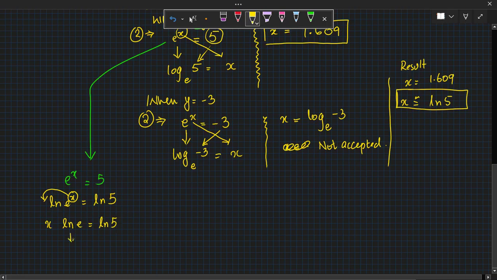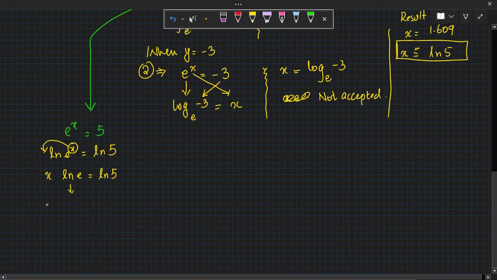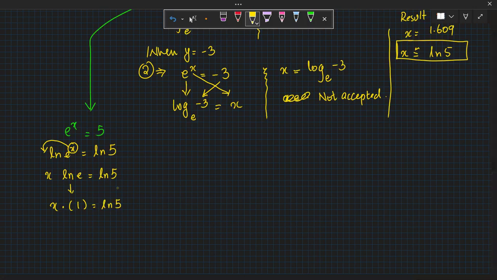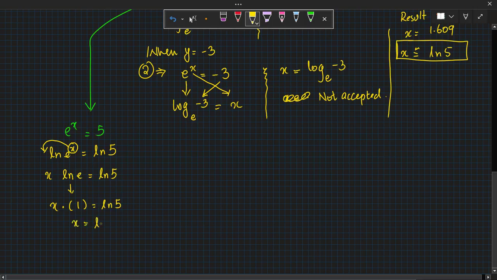Now check the calculator: what is ln e? Is it giving 1? Yes, sir, it's giving 1. So x times 1 is x, so you will get ln 5. Is this clear? So I'll get the same answer in both ways. Clear? Yes, sir.